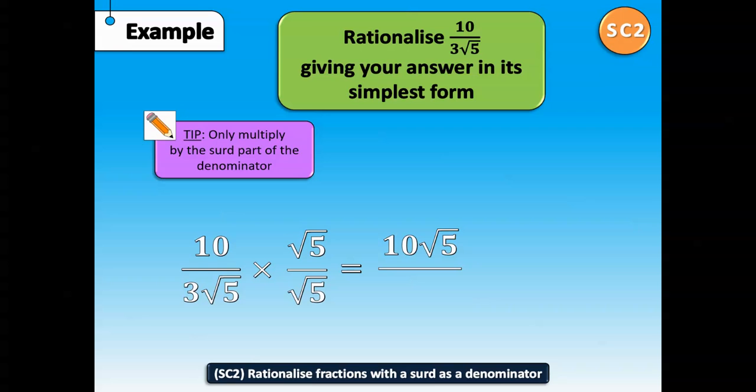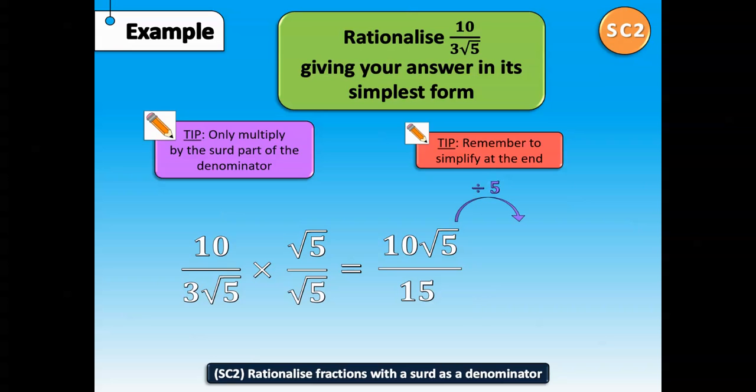And 3 root 5 times root 5 would be 15. Root 5 times root 5 is 5, and times by 3 would be 15. Now we can simplify this because we can divide the 10 and the 15 by 5. So it simplifies to 2 root 5 over 3.